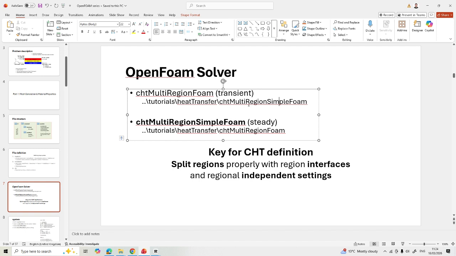Only if your problem setting is transient or steady, then you use the different solvers. And also I summarize one sentence for the CHT definition in OpenFOAM: the key is to split regions properly with region interfaces, and also independent settings for the different regions. That will be explained at a later stage, and you will understand why or how it works.